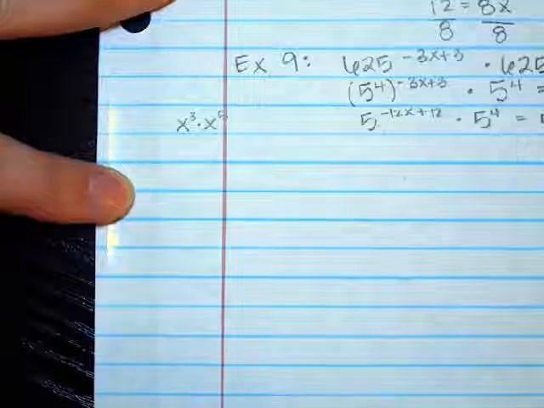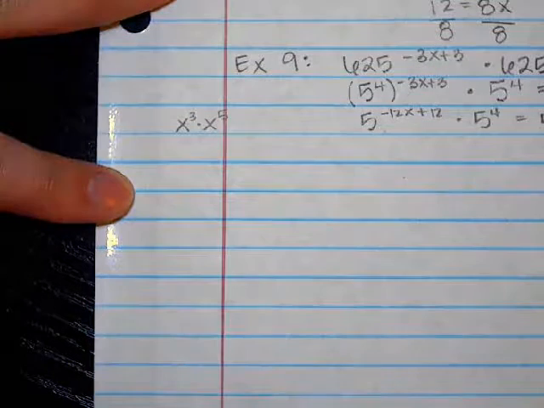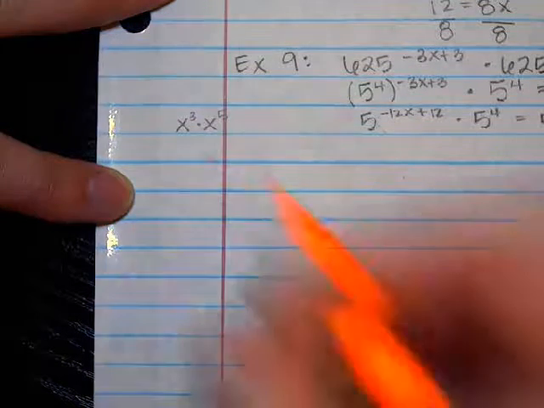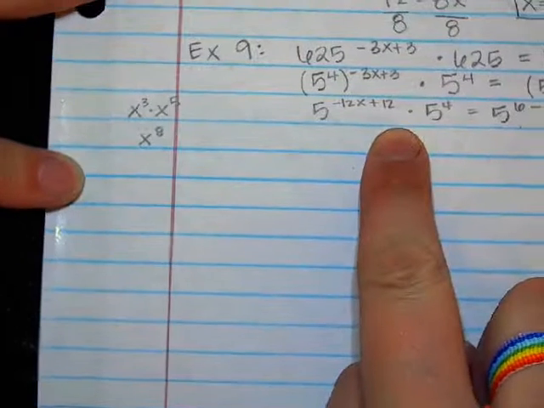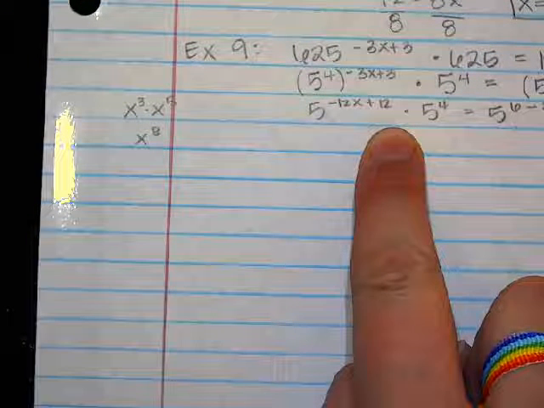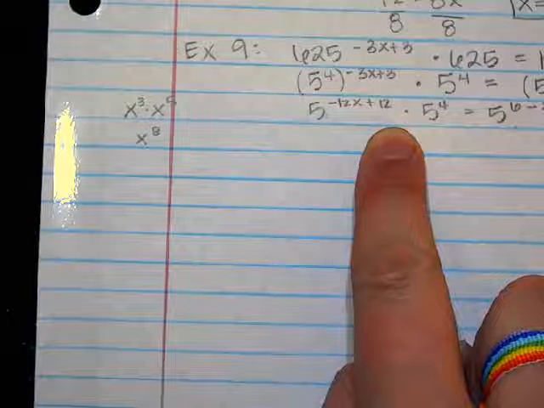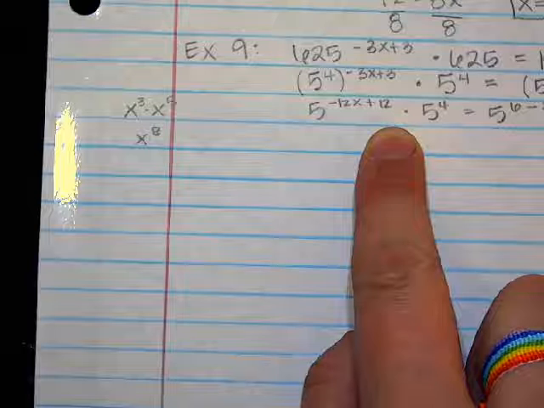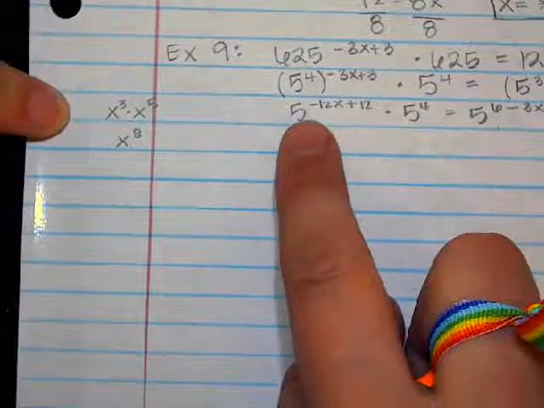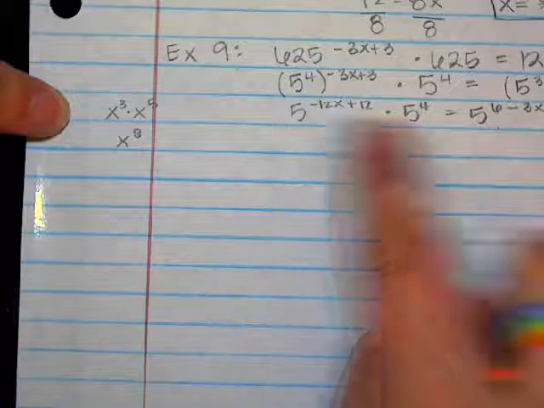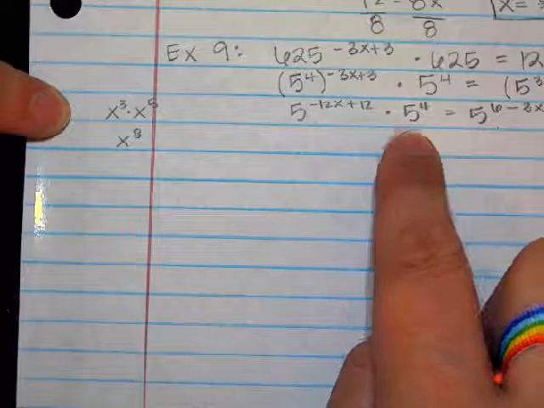What do you actually have? X to the 8th. So this is the same thing, it's just a more complicated version. You guys see it? So when you look at that, you say, oh, if I'm multiplying two exponential terms like this, if the base is the same, I can add the exponents together.